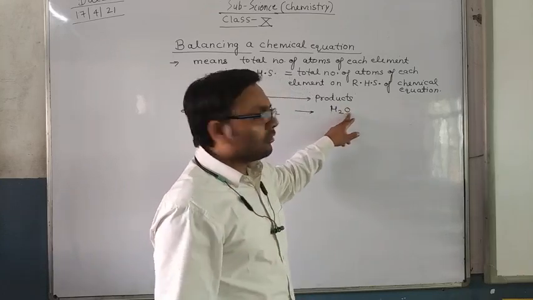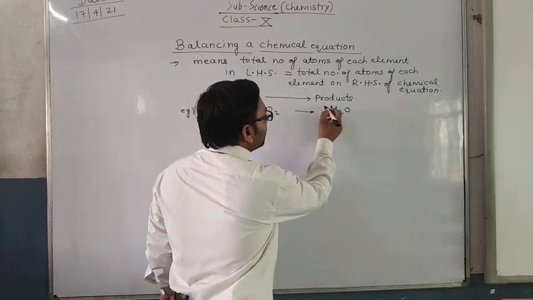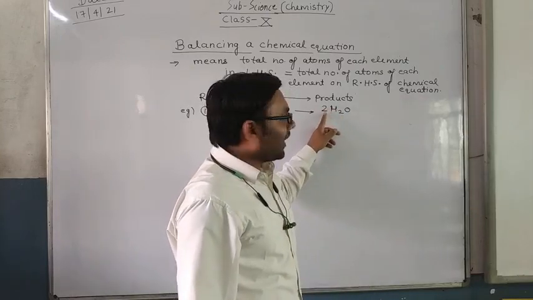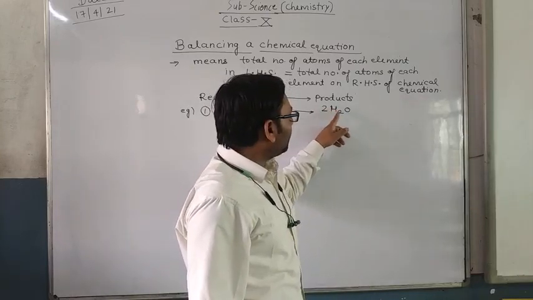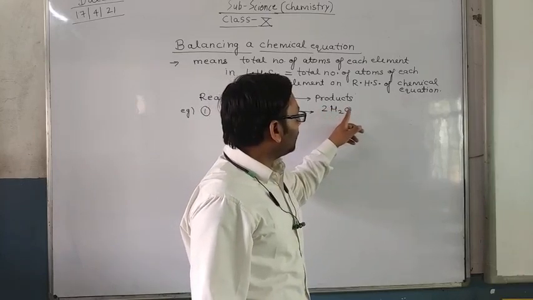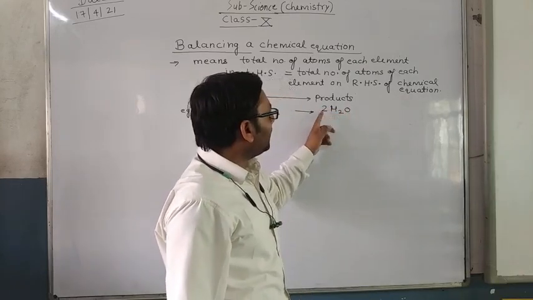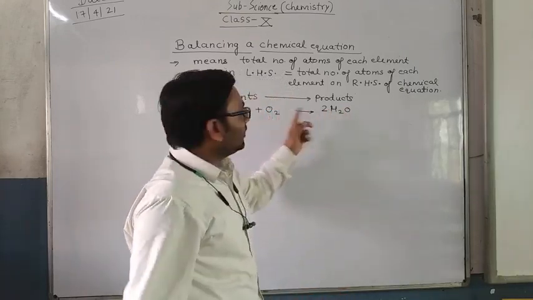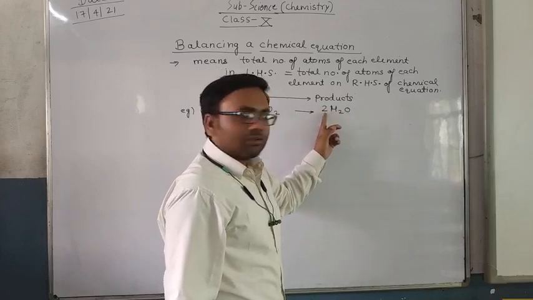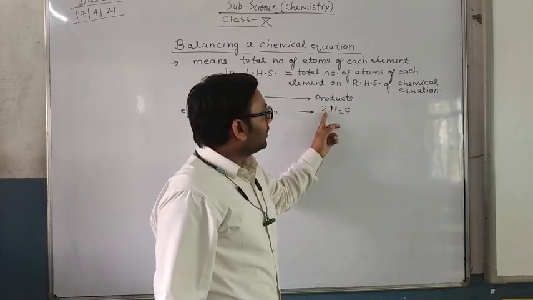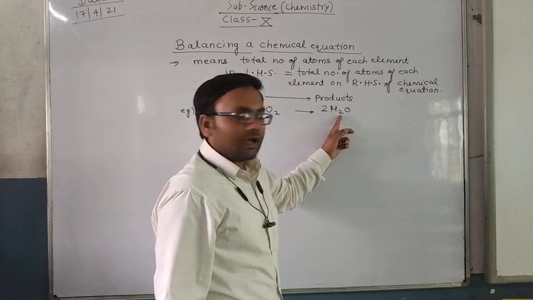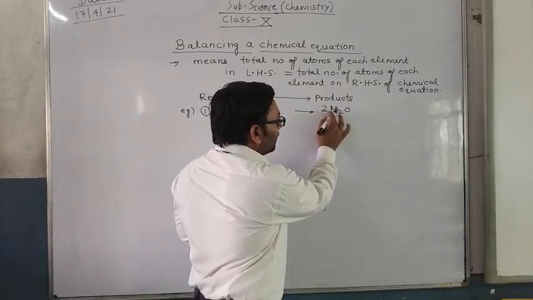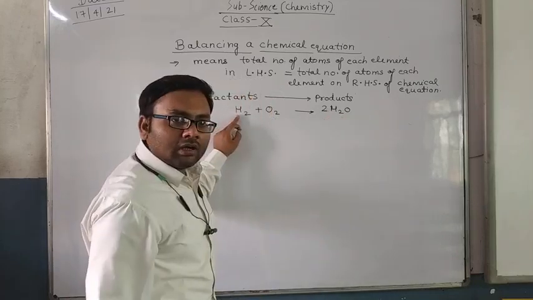So then where do I have to put the 2? I have to put the stoichiometric coefficient here. The 2 will be put here in front of hydrogen. That means this 2 is for hydrogen also, and this 2 is for oxygen also. Now you can see oxygen atoms are balanced, oxygen here 2 and here also 2. But by doing so, the hydrogen will be 2 times 2, that is 4, but here the hydrogen is only 2.